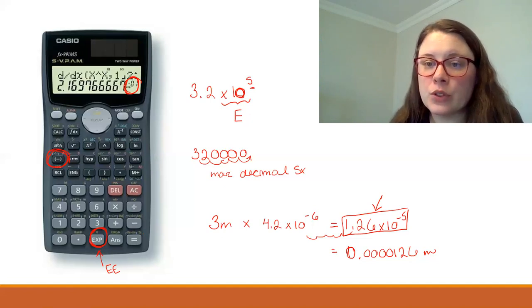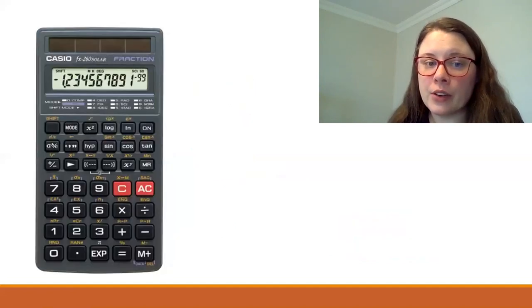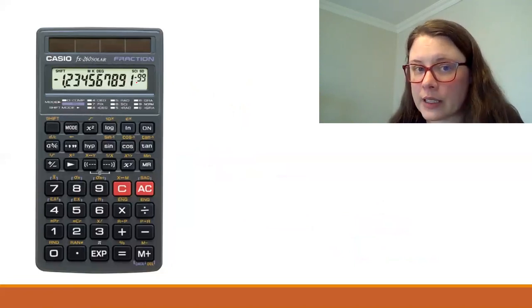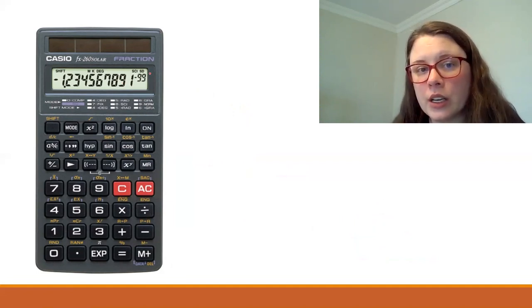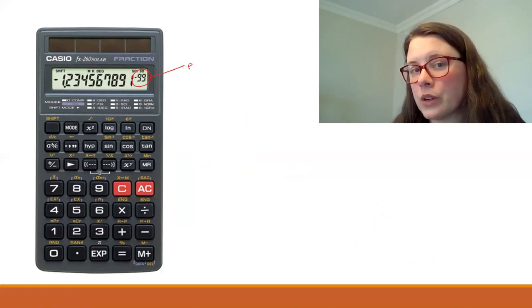Okay, so for the other calculator that we have, it only has a single line display, which is sometimes a little trickier for seeing what you're putting in for scientific notation. This -99 up here is our exponent for scientific notation.